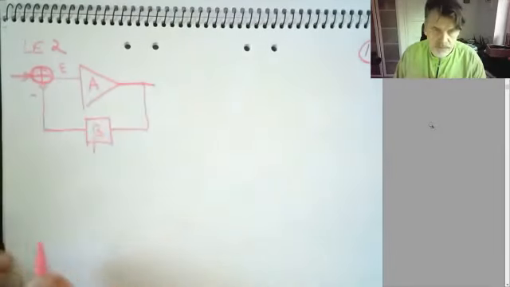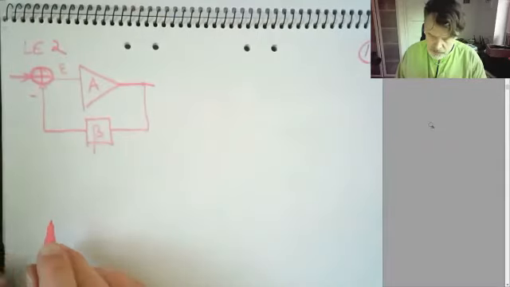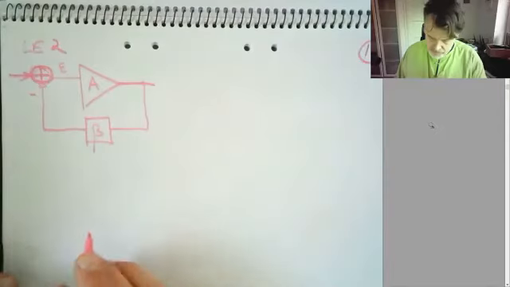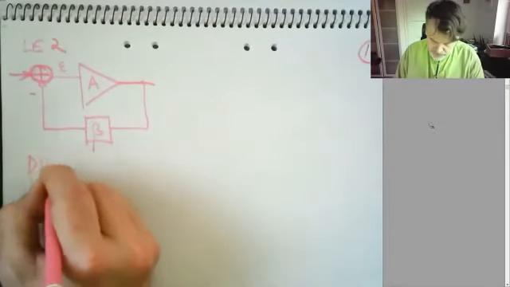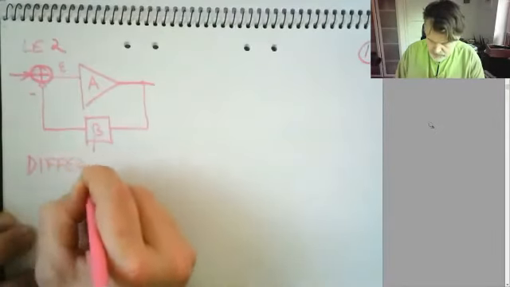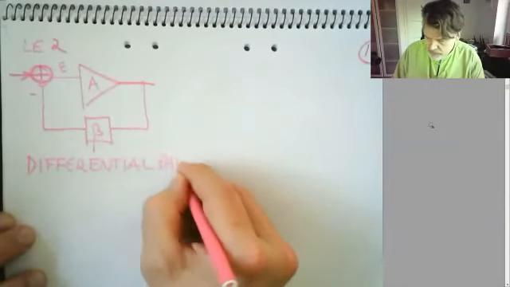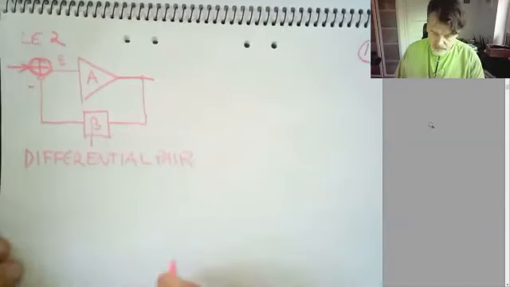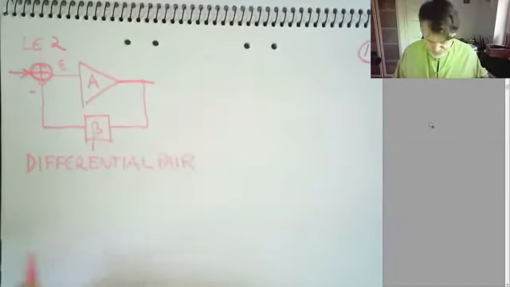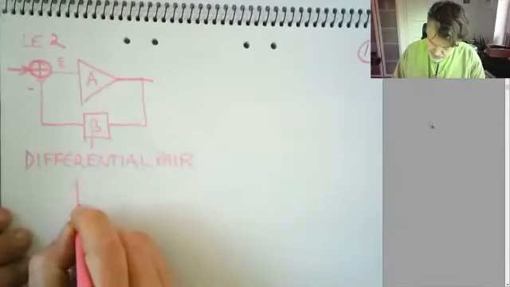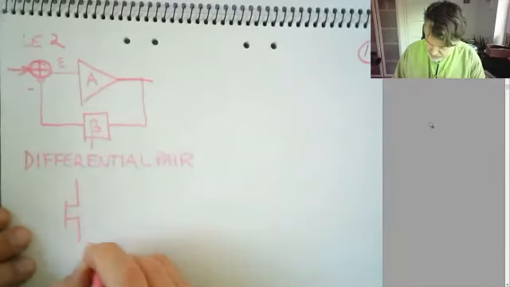There are different ways of doing that. The way we do it when we compare voltages in the feedback loop is with a differential pair. So this is also probably known to you from previous courses if you looked into CMOS or bipolar. And I simply connect like this.